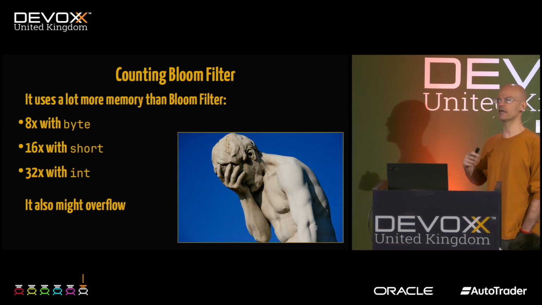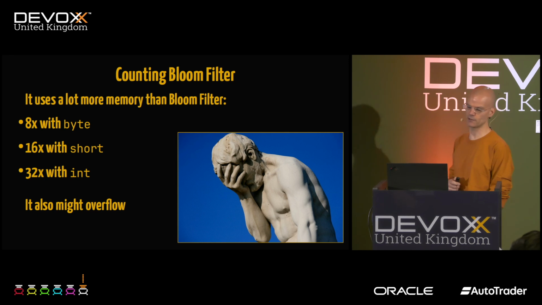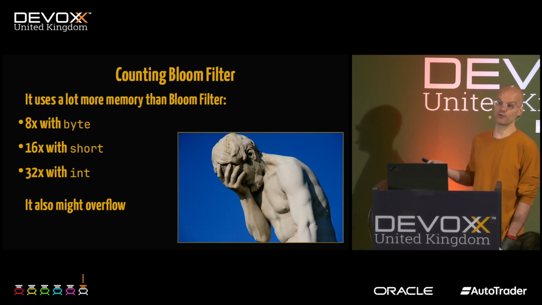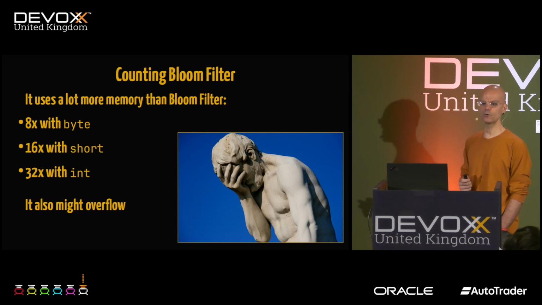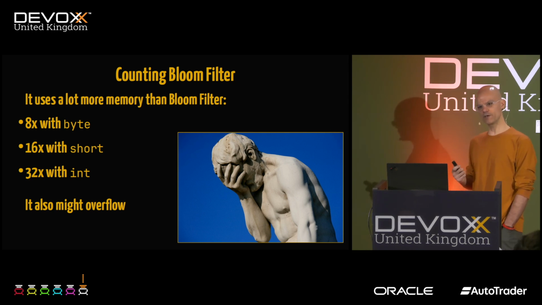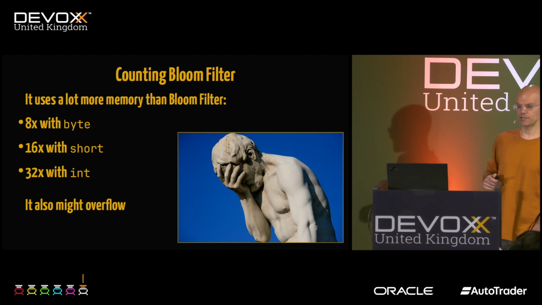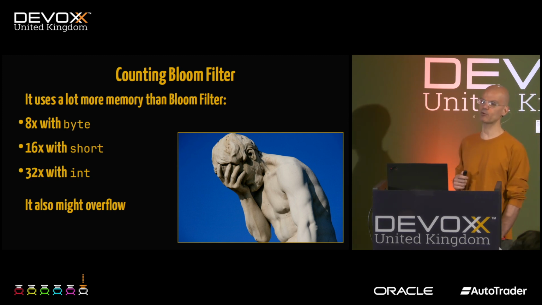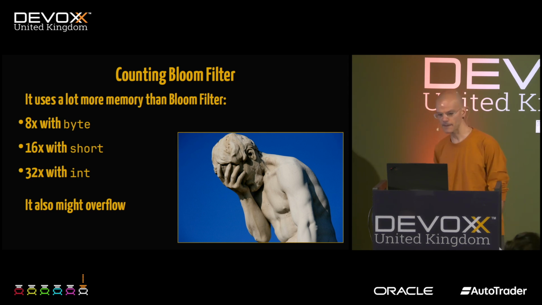If we use an int, it will be 32 times more. And it might also overflow. If you remember the code that I showed before, it didn't check for overflows, for example. So if we are interested in deleting elements from a set while checking for membership, the counting Bloom filter probably is not the best solution.